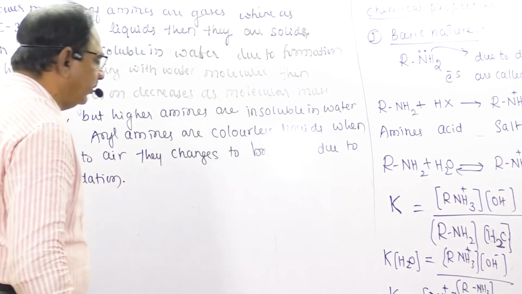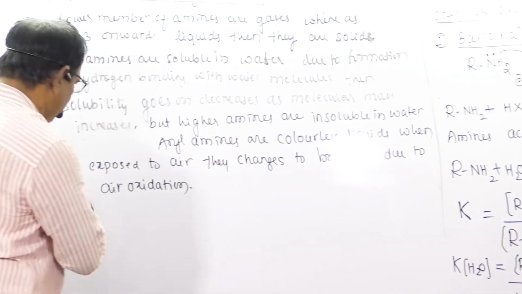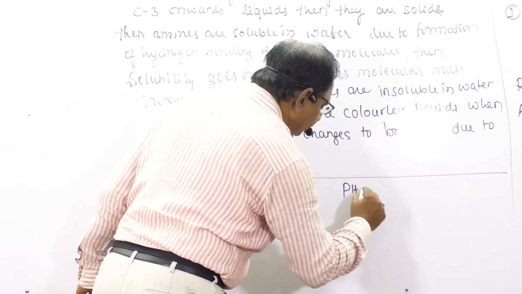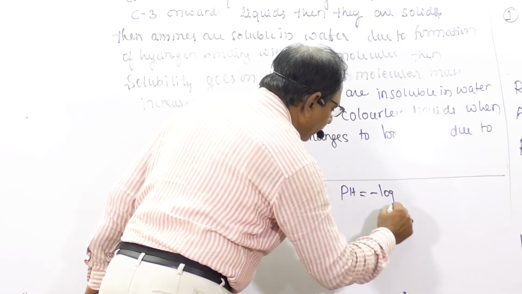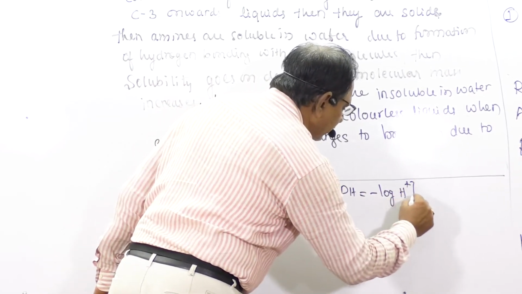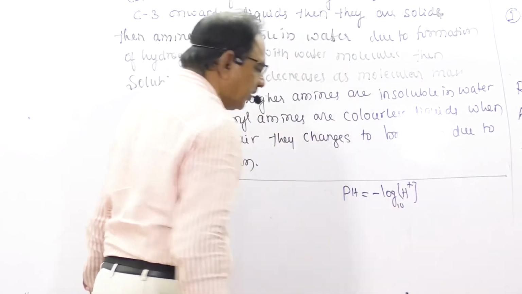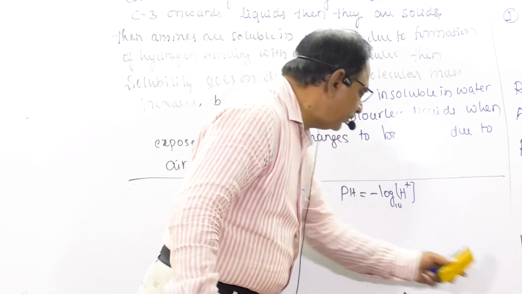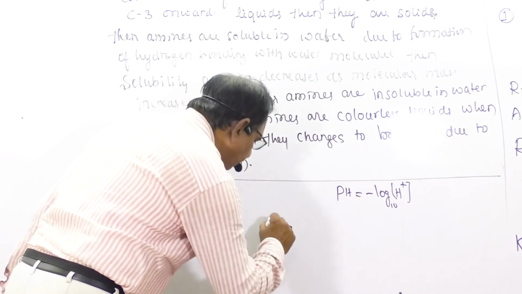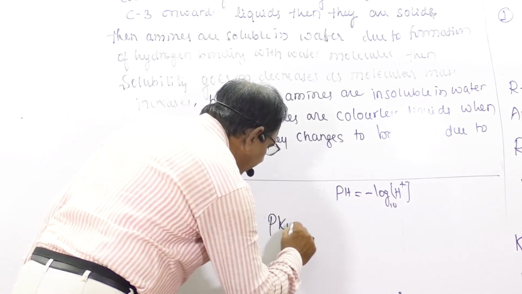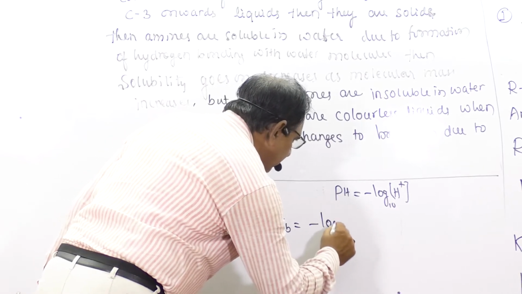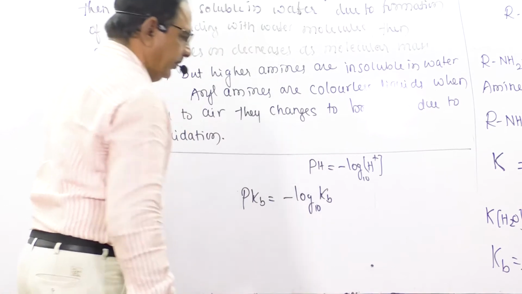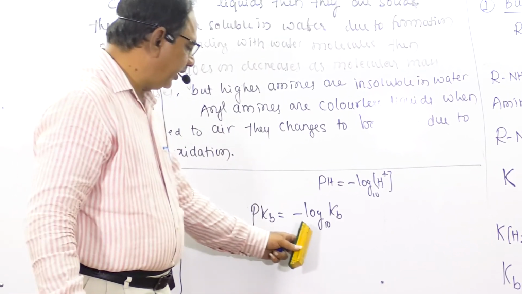According to the pH equation, pH is equal to the negative logarithm of the H+ ion concentration to the base 10. Similarly, pKb is equal to minus log of Kb to the base 10.